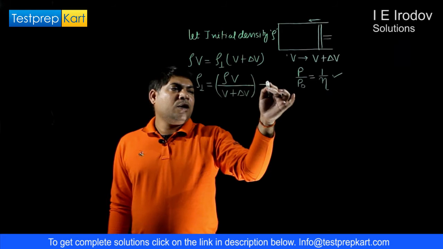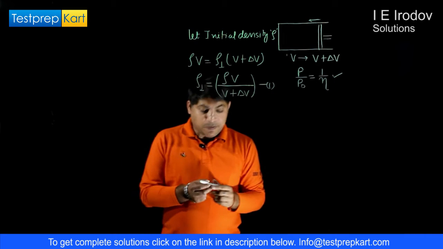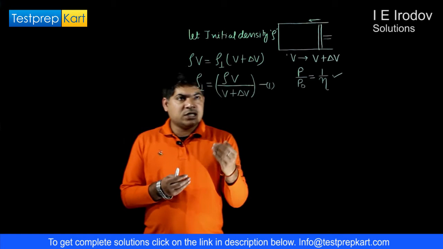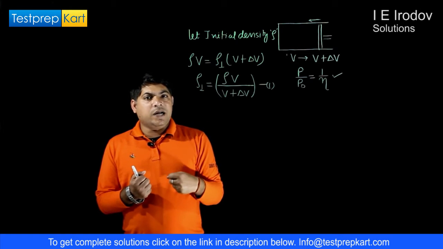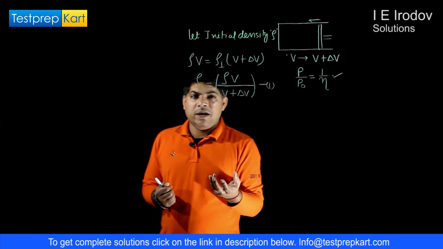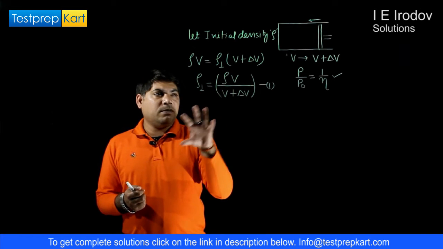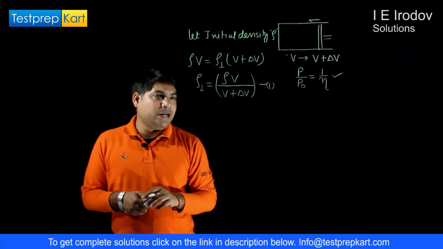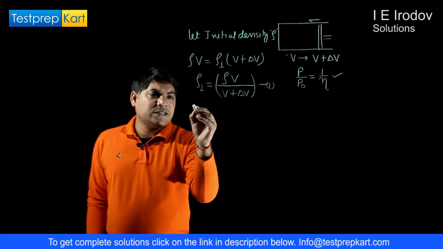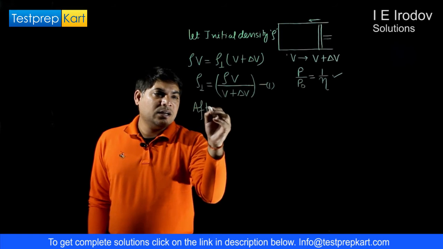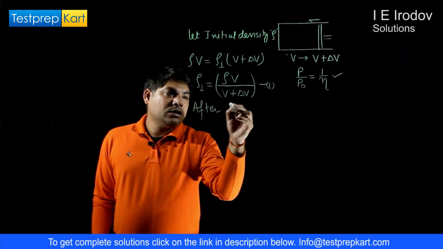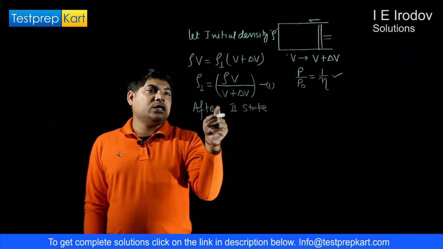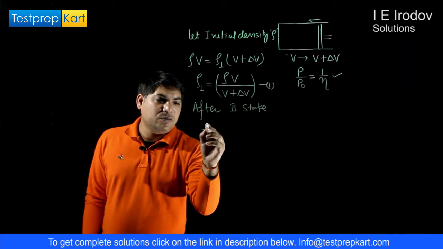Now if we consider the second stroke, because we can solve this problem using mathematical induction, you just need to look at the pattern in one step, two steps, and then you can form a proper function according to the variation taking place. So after the second stroke, again there would be a change in density and a change in volume.